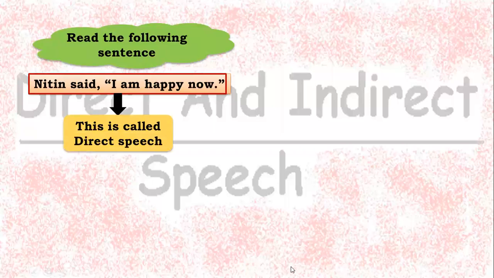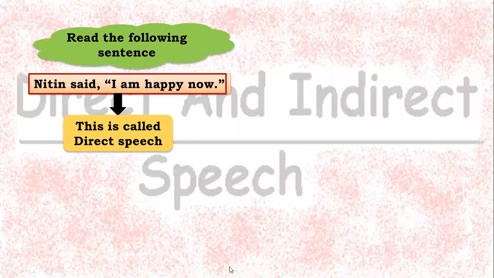What is a direct speech? Whenever a first person, that is the speaker, says something, and the second person listens to it. For example, right now I am the speaker and you all are the listeners. So there is a one-way conversation, that is the speaker says something and the listener hears it.